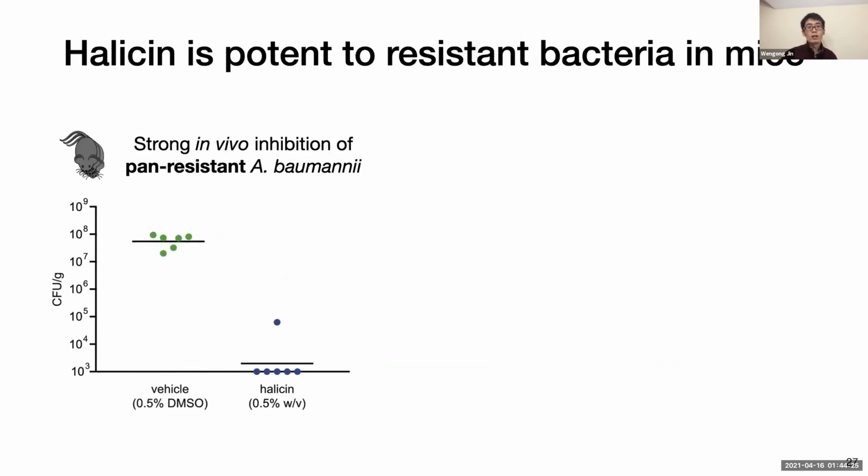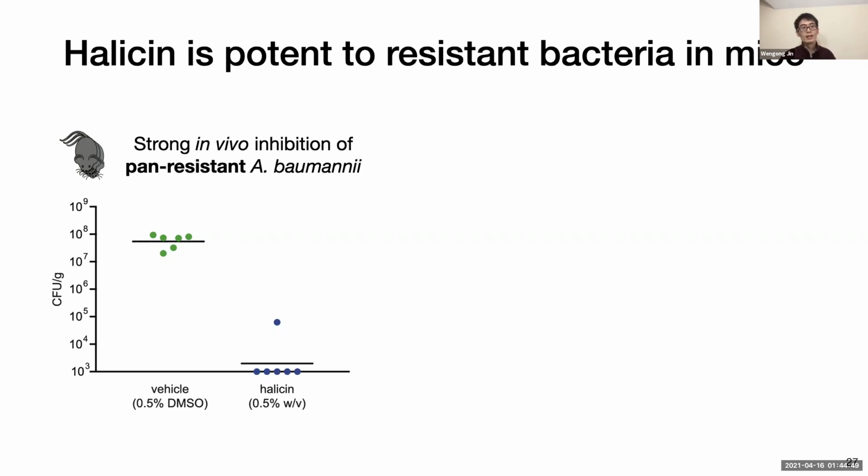It is also effective against these resistant bacteria strains in mice, which is quite surprising because we only trained our model on E. coli, and we discovered this halicin. Halicin actually has broad spectrum antibacterial properties. It can kill other bacteria known to be resistant.